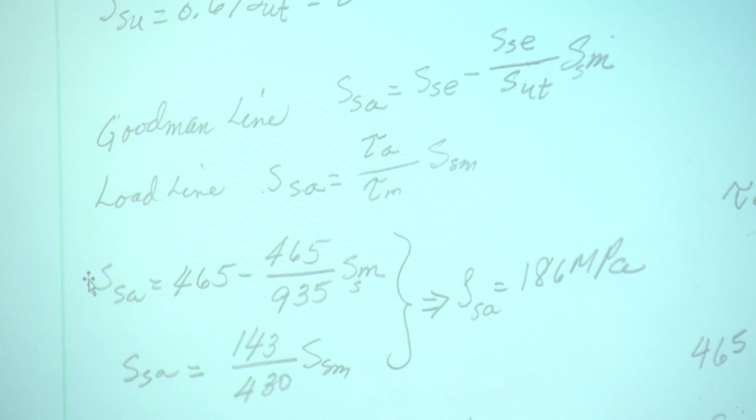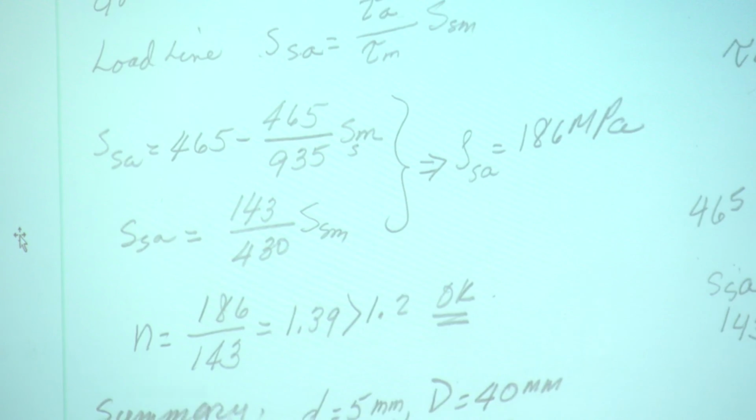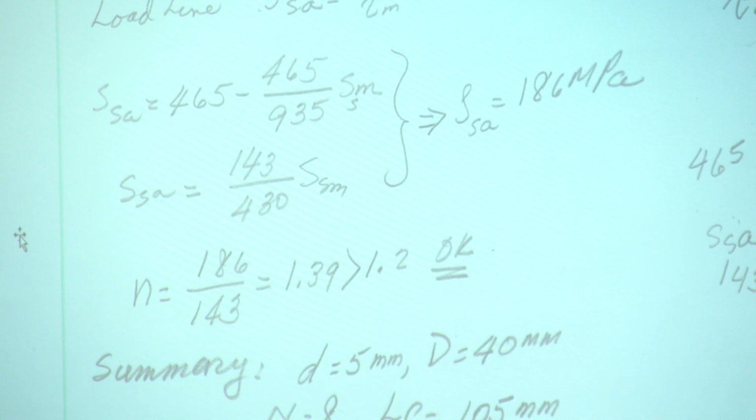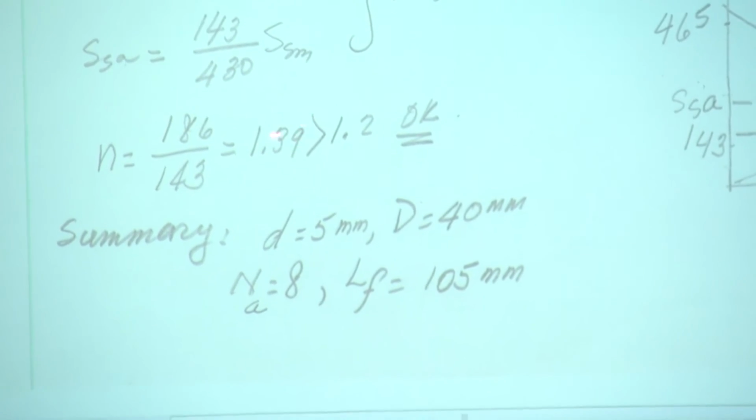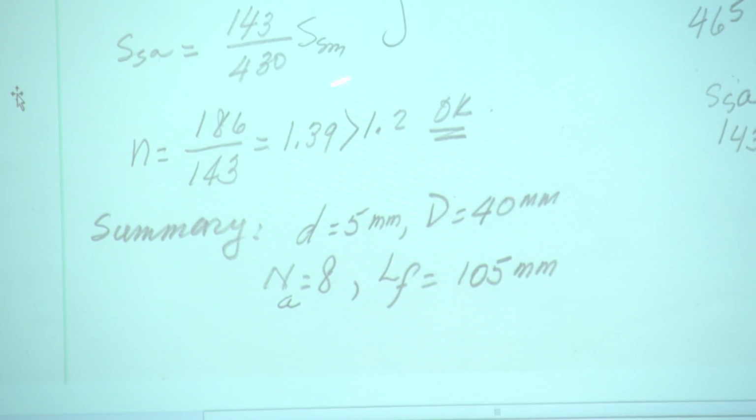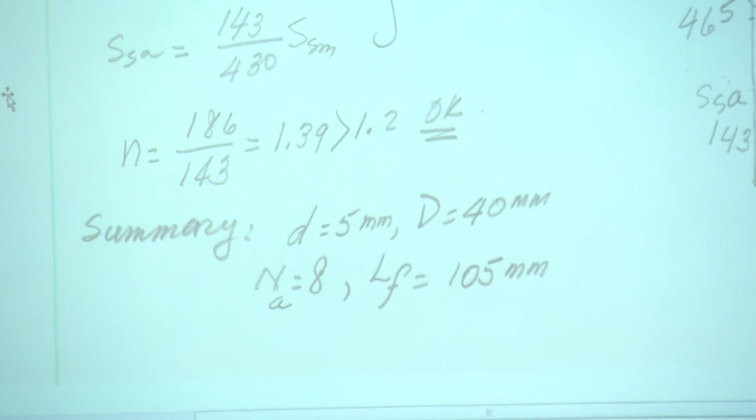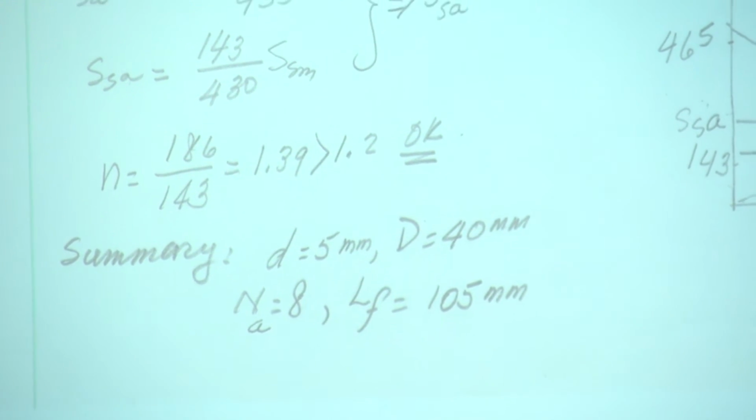And as before, divide that by tau A to get the factor of safety. So to summarize, we have a little bit of leeway here on the factor of safety as well. And this is the summary of the design of the spring. Except for the surge, everything else is fine. You might want to change it just to take care of that.